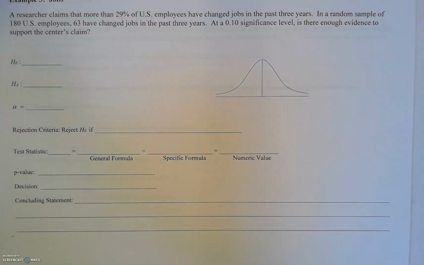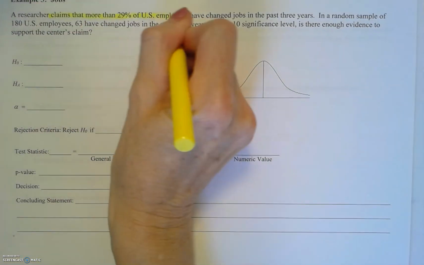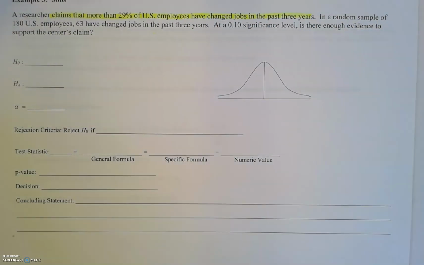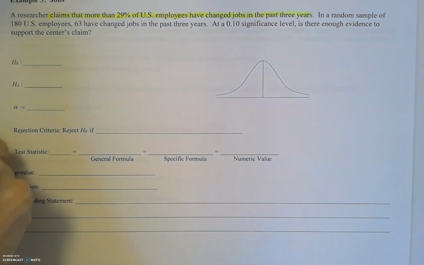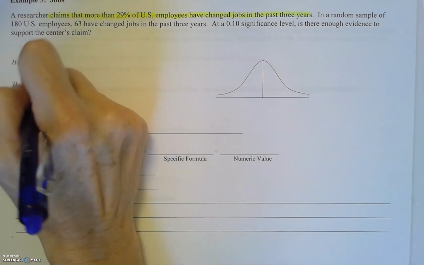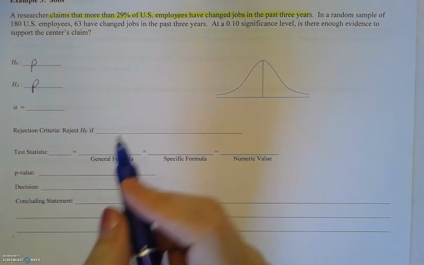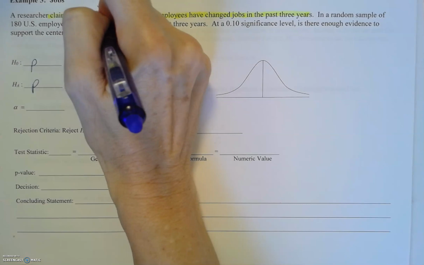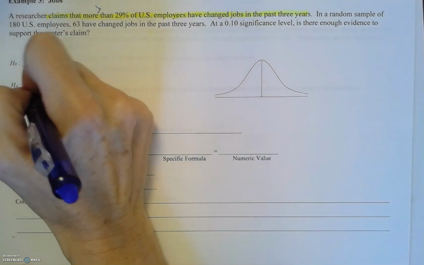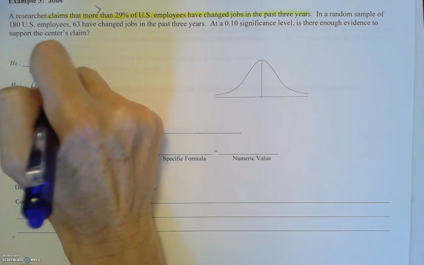So again, I'm going to highlight the claim. It claims more than 29% of U.S. employees have changed jobs in the past 3 years. Since this is a proportion or percentage, we're going to use P for H sub 0 and H sub A. Our claim says more than, so since that does not contain equality, our claim is going to go with the alternative H sub A. P is greater than our percentage 0.29.